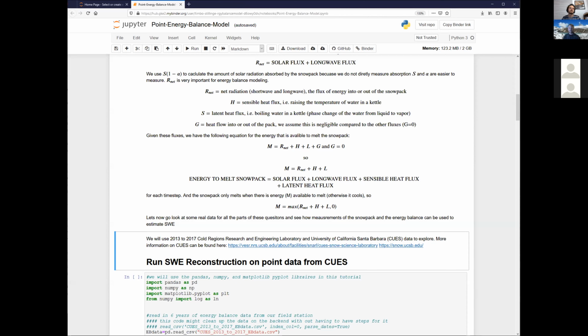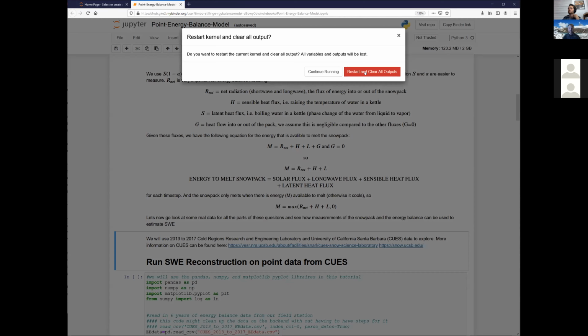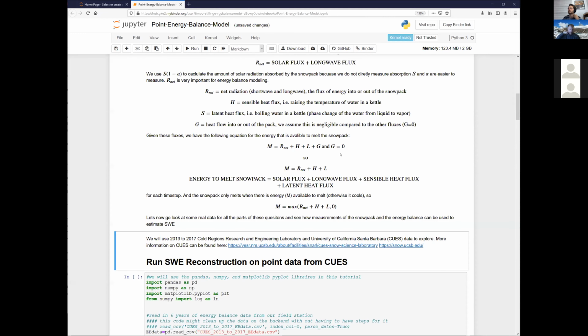If it doesn't, just re-click on the link in the chat and it'll fire your lab back up. You can also go to the menu that says kernel, and do restart and clear output. That should load you back up.